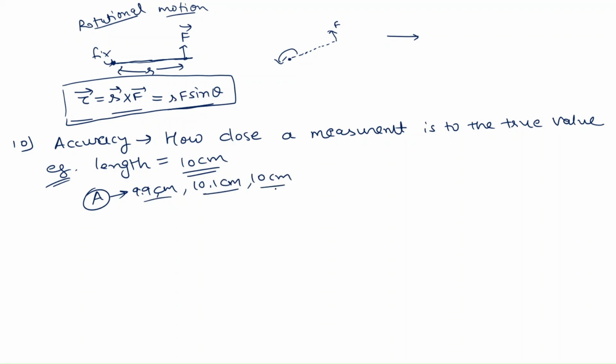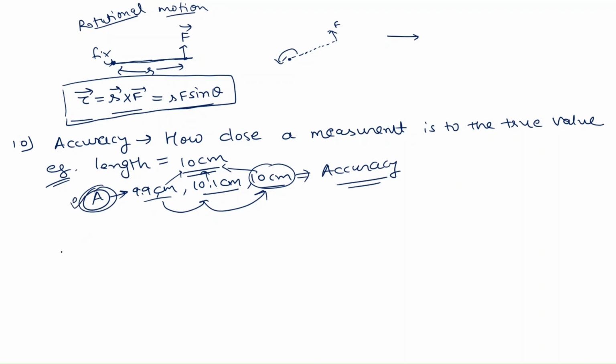He took three measurements and got three different values. From this, you can say it is very close and exact. The third time, he got the same value as the actual one, which is called accuracy. The accuracy of this student A is very high, you can say.